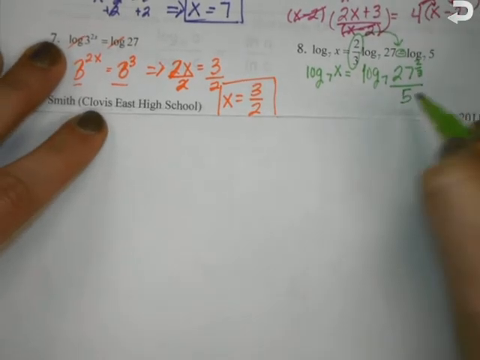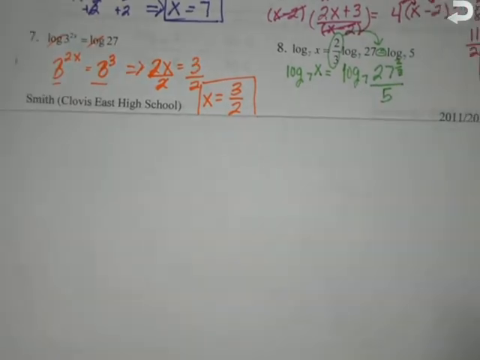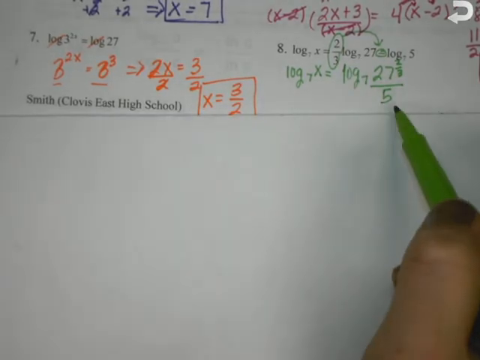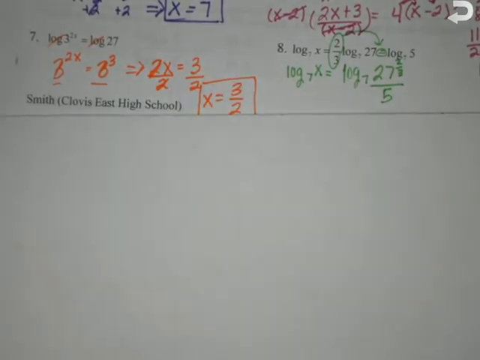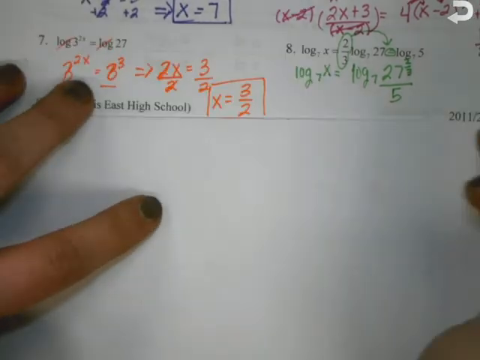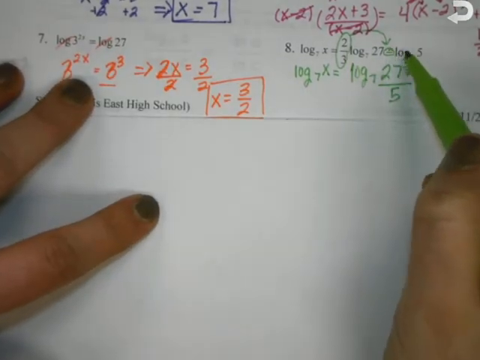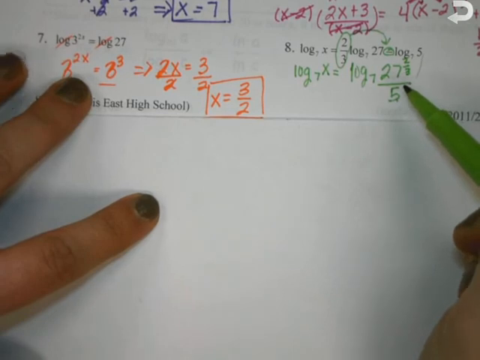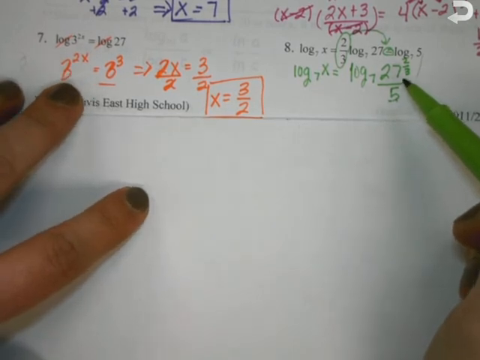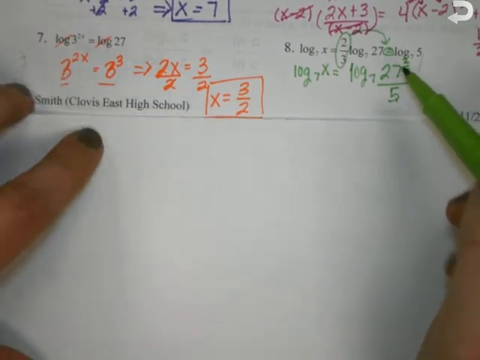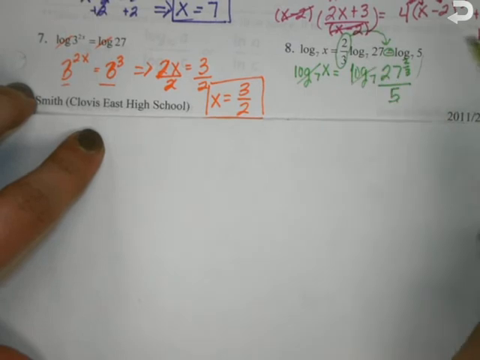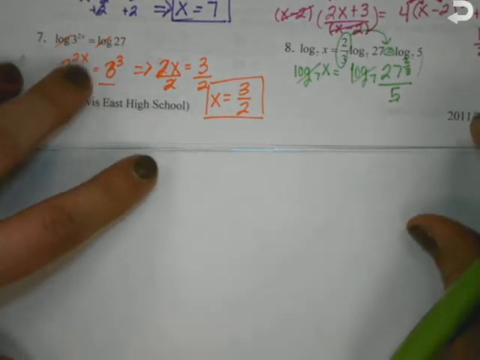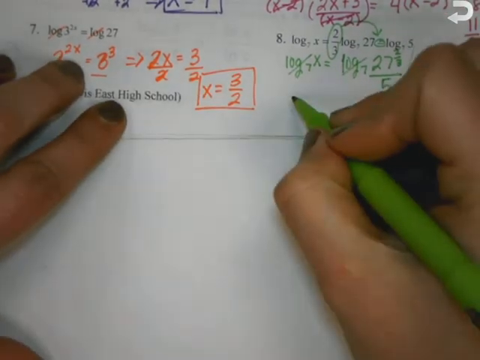So I did power rule and quotient rule in the same step. Are you guys okay with that? I brought the power of 2/3 up, and then we also had a quotient rule, so I divided 27 to the 2/3 by 5. So what we can do now is we can drop those bases of log base 7. So that gives me x equals, how can I rewrite 27 to the 2/3?